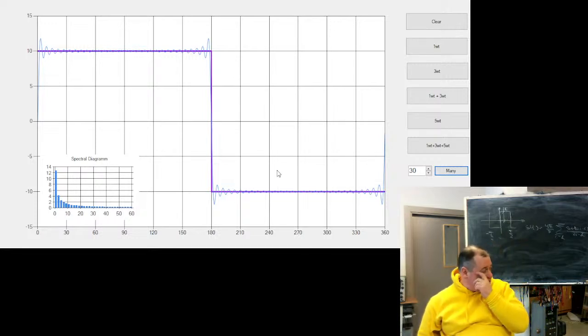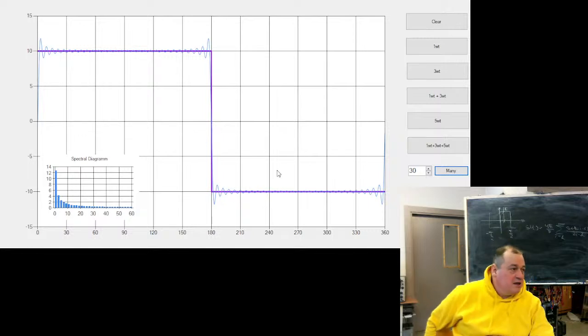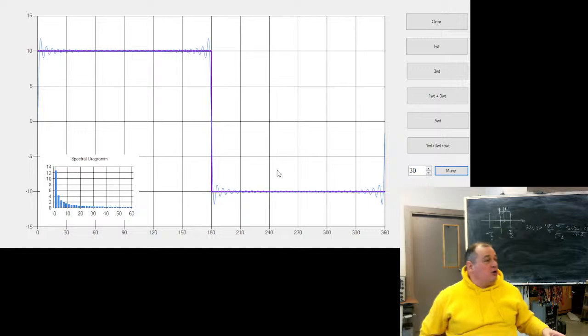Until the physicist Gibbs, who worked in the United States, performed a detailed analysis. From this point, the problem is that the Fourier row at a point of sharp change overshoots.